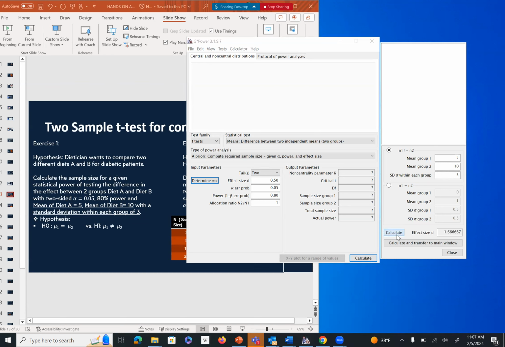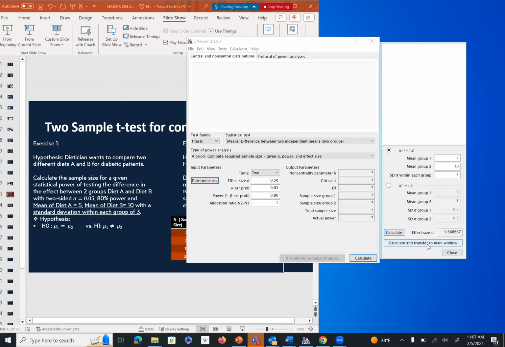I calculated the effect size. Our effect size was 1.666, which is large, because if you look here again, a small effect size is 0.20. Your calculated effect size is 1.667.